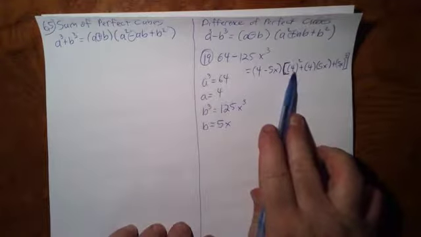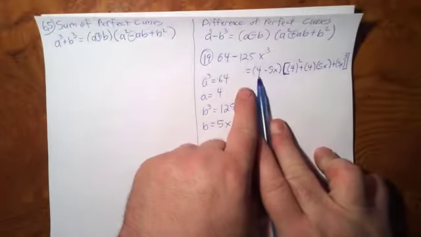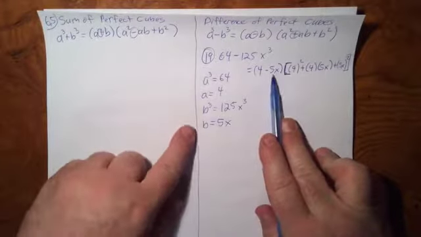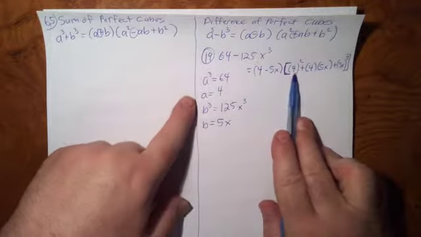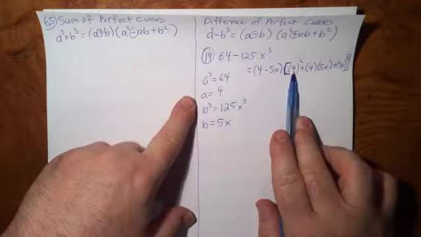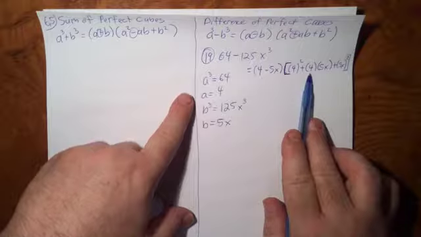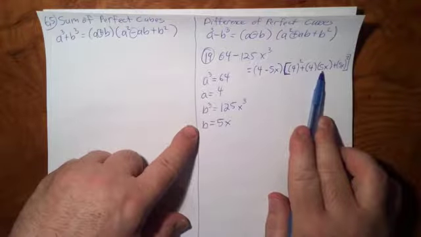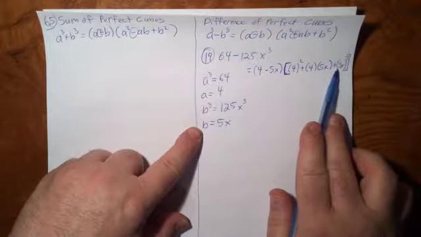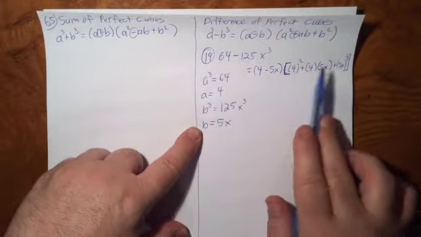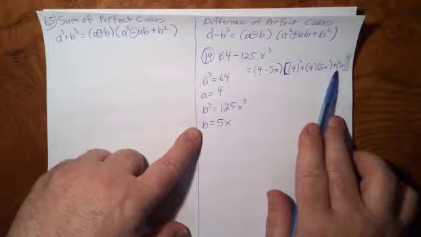So all I've done is substitute in a minus b times the quantity of a squared plus a times b plus the quantity of b squared. That's why I put the parentheses around each of these substitutions. When squaring, sometimes you can overlook something very easily.